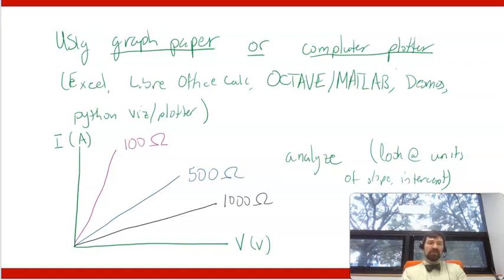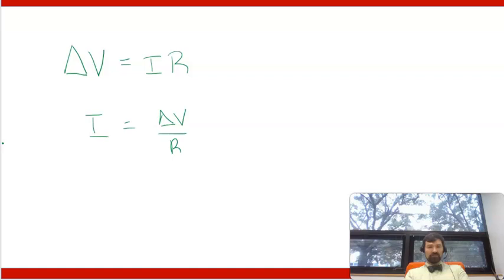So what does Ohm's law say? Ohm's law says delta V is I times R for an ohmic resistor. This could also be cast as I is equal to delta V over R. Or if you'd prefer, this is 1 over R times delta V plus 0.